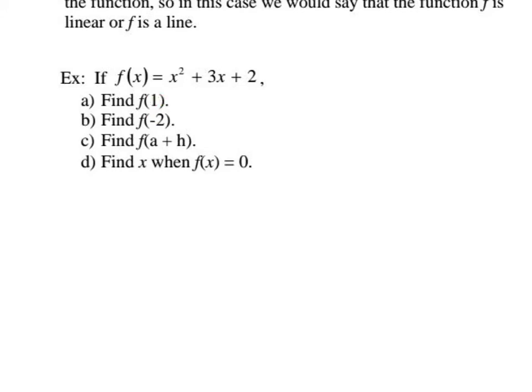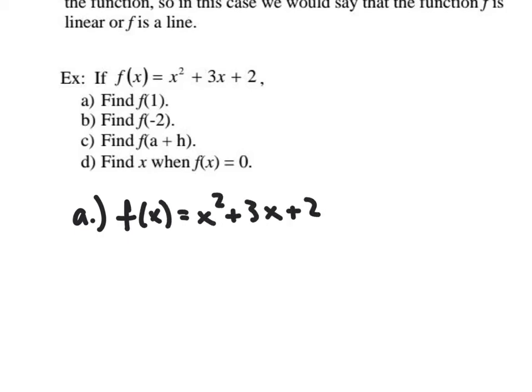When it says find f of 1, let me show you what it means. I'm going to rewrite it: f of x is equal to x squared plus 3x plus 2. When I find f of 1, that means I'm plugging 1 in for x, and then we're going to evaluate this.